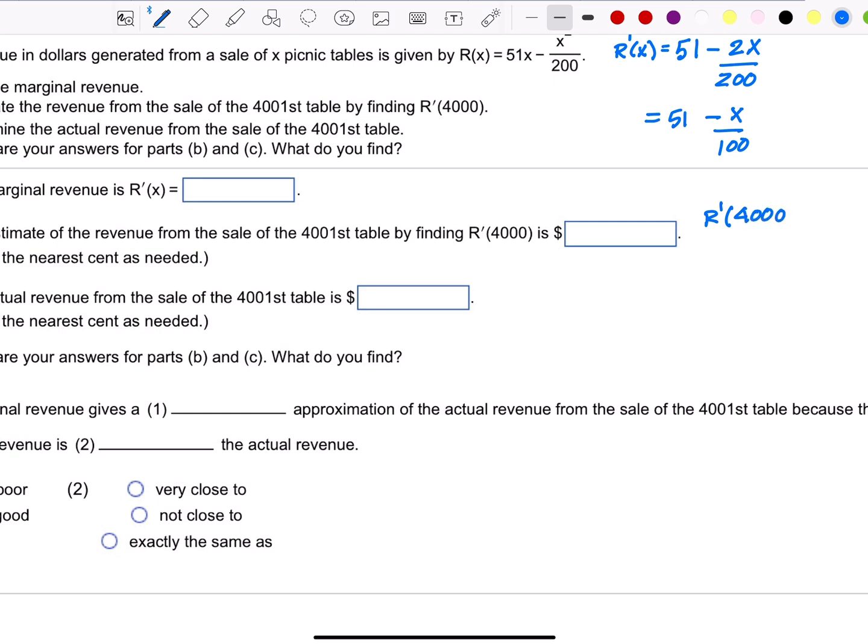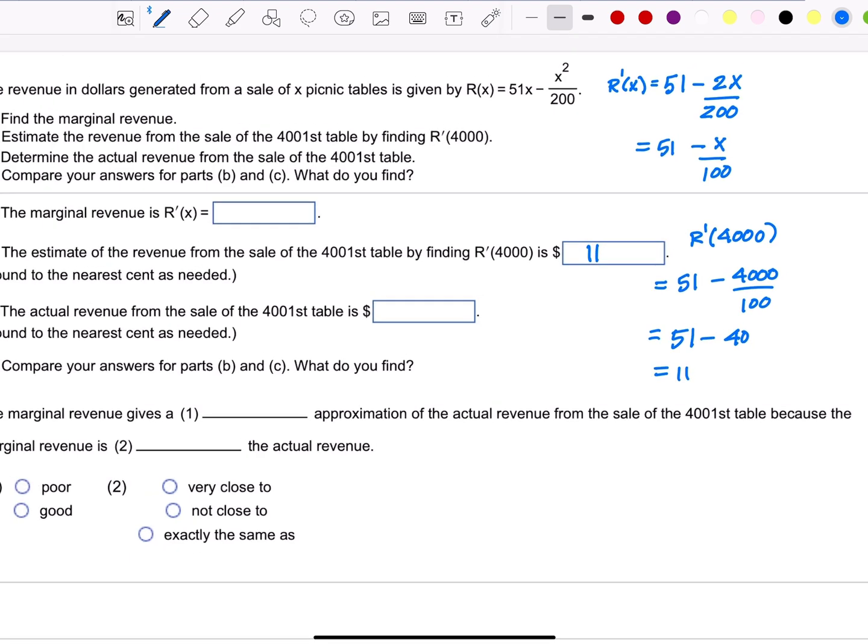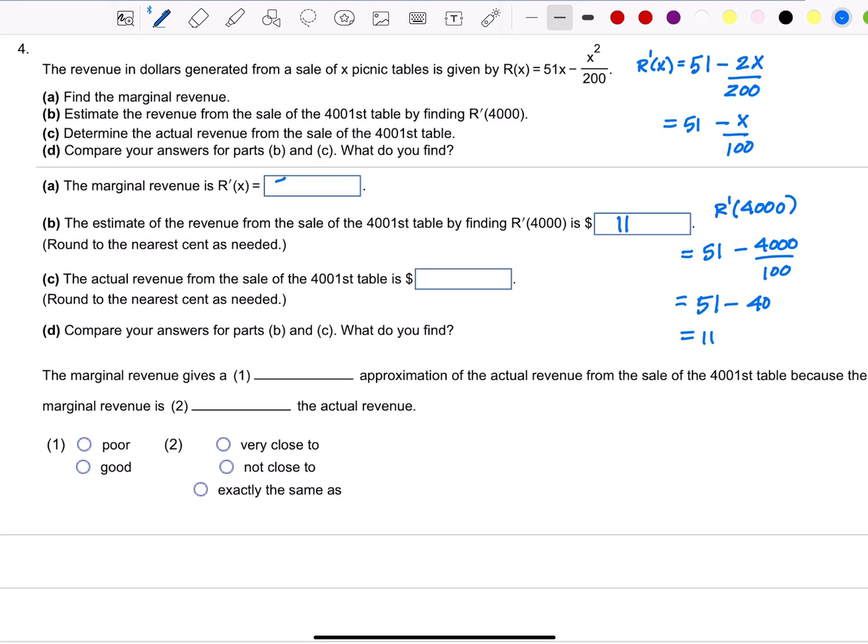I'm sorry, R prime of 4,000, which is 51 minus 4,000 over 100. If we did R prime of 4,001, we'd be finding it for the 4,002nd table. So we have to do 4,000. It's 51 minus 40, which is 11. So $11 for the 4,001st. And our formula is 51 minus x over 100.